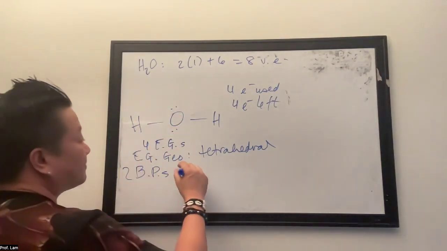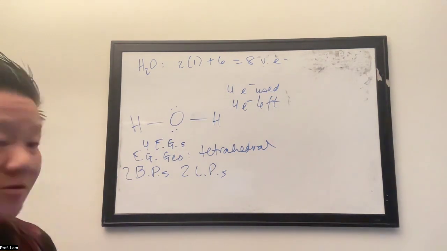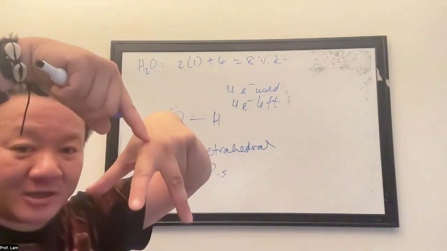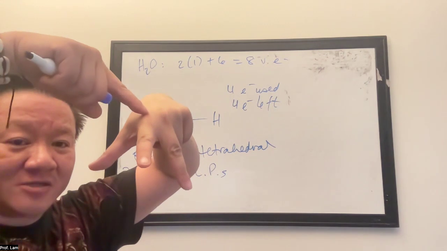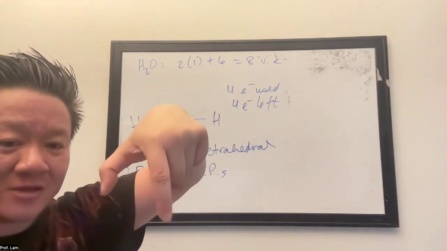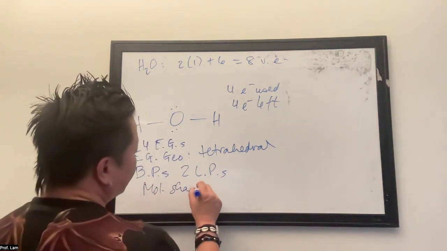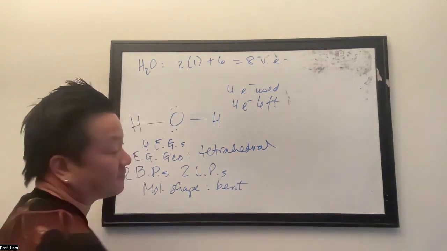And 2 lone pairs. So remember how that works? Tetrahedral, okay? I got 2 lone pairs now, so I'm going to take 1 leg away. I'm going to take the other leg away. Oh, what does that look like? That's bent, right? So my molecular shape is bent, right?